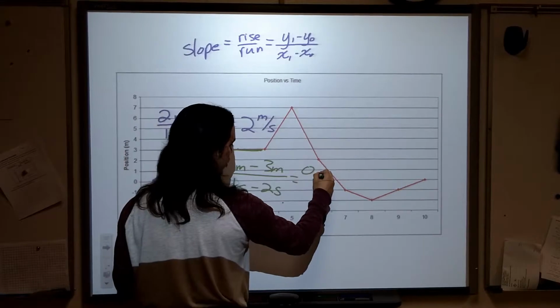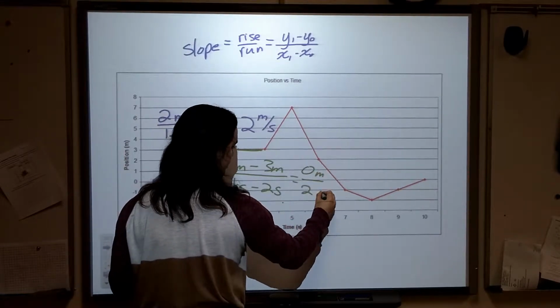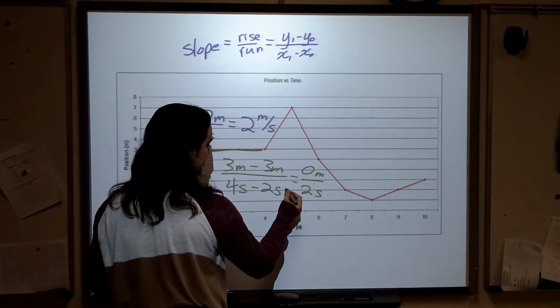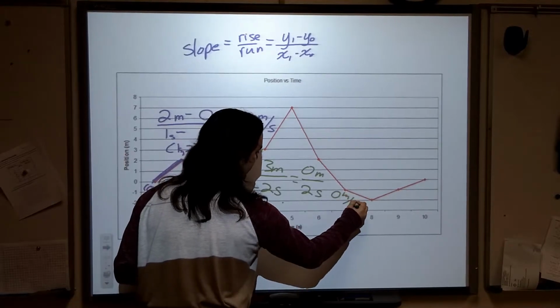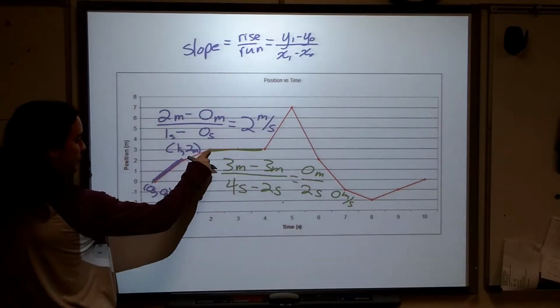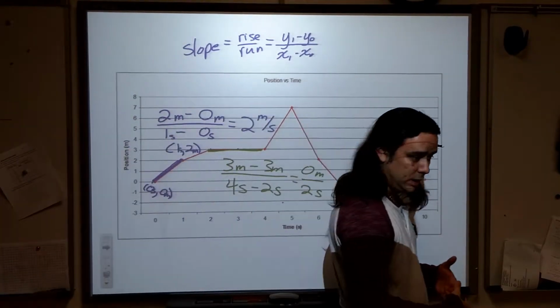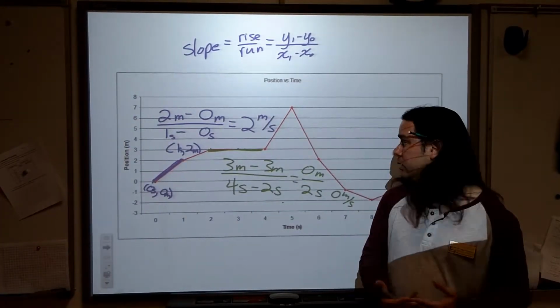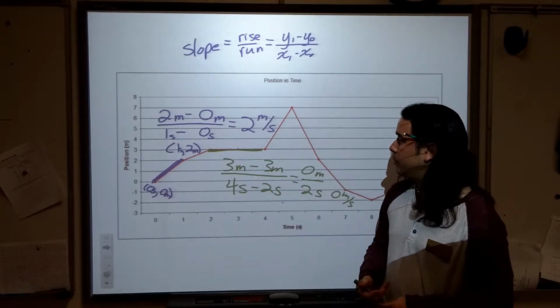Well, that gives me 0 meters divided by 2 seconds, but that's just 0 meters per second. It's not moving. And that actually agrees with what we've got. It's at 3 meters, and it stays at 3 meters. So it means it's not moving.